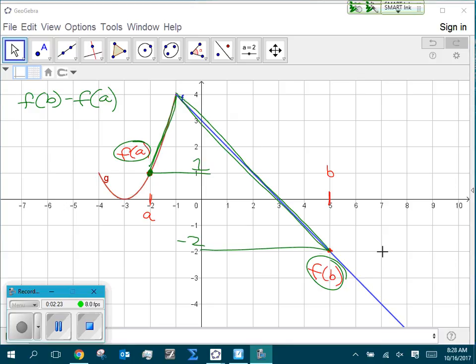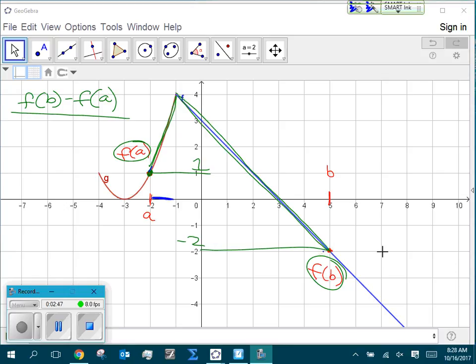But now they want to know what is the average rate of change. Well, the average rate of change is to figure out how fast you are falling per 1 unit on the x-axis. So from here to there we fell 3 units, right? Now they want to know, what is that average per unit of x?